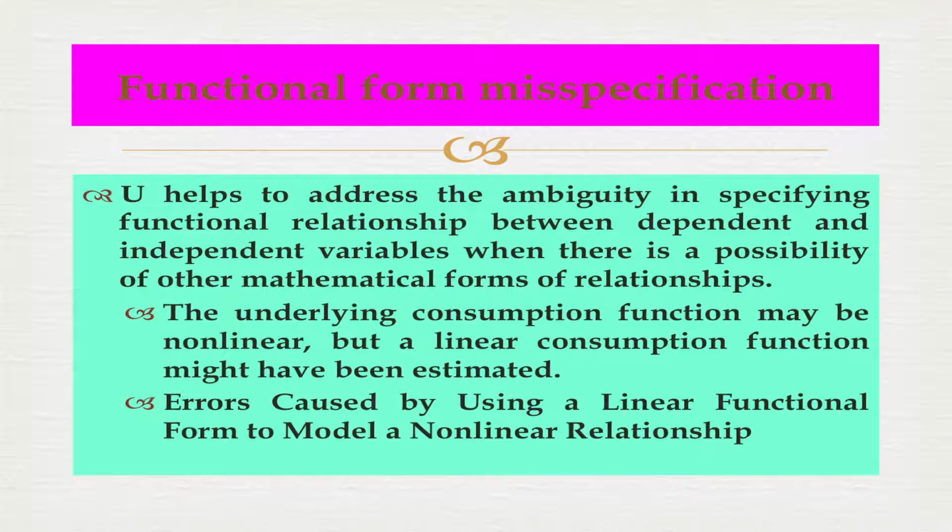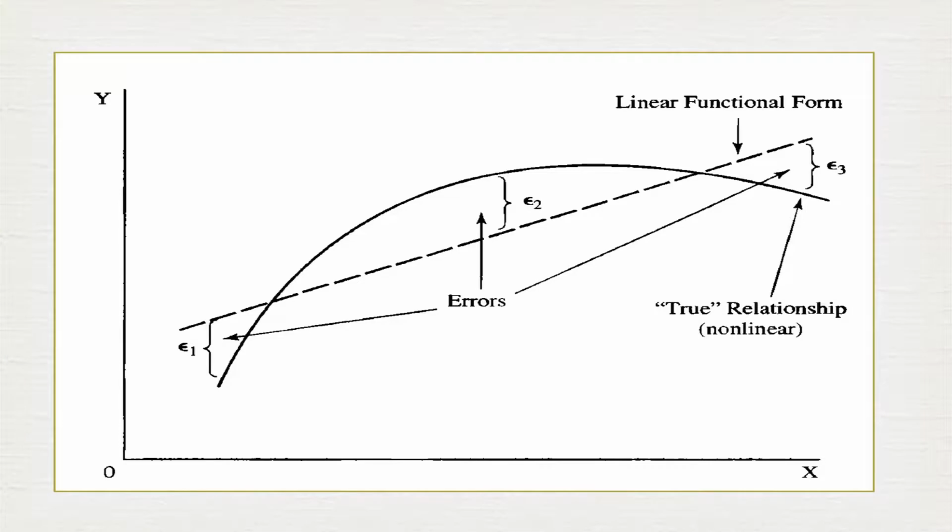In this case, there is an error. So, this error is caused by using a linear functional form for a non-linear relationship. Look at this diagram, you can see how this error is generated.